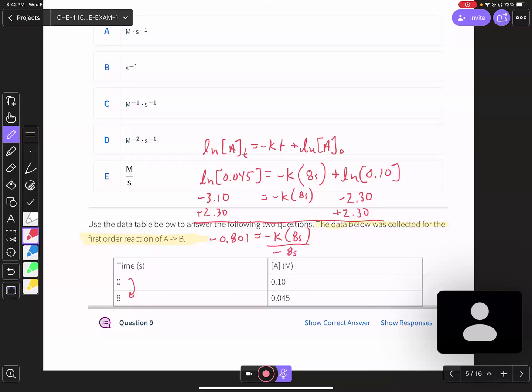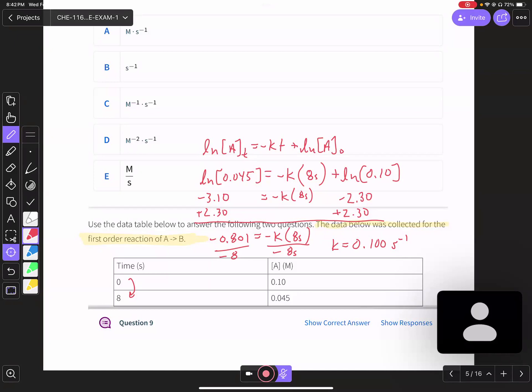We want to get rid of that negative sign as well. So we divide by the negative 8. And we get a rate constant of 0.100 inverse seconds. So that should be choice A for question 9.